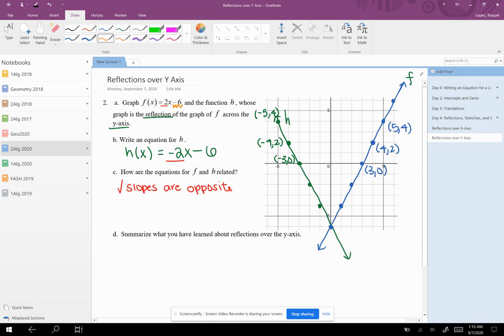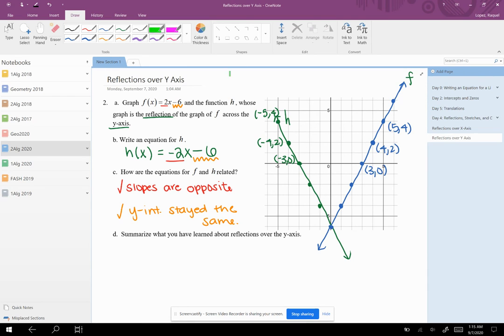But what's nice is that our y-intercepts stayed the same. So we can just go ahead and write that in. So I'm going to shorthand y-intercept stayed the same.